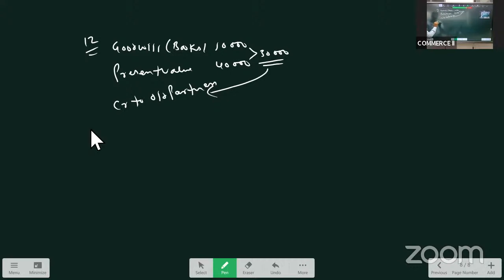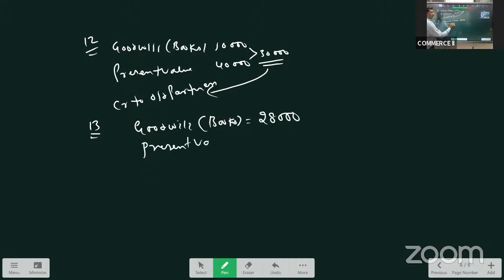But now in question number 13, goodwill appearing in the books is 28,000 and the present value of goodwill is 20,000. So there is a decrease. The goodwill has come down. The reputation of the business has come down, maybe for whatever reason.